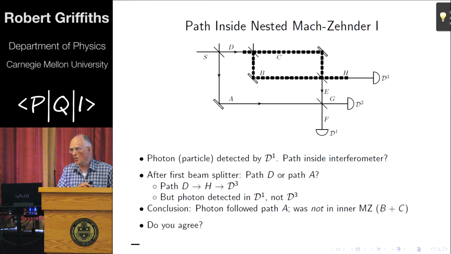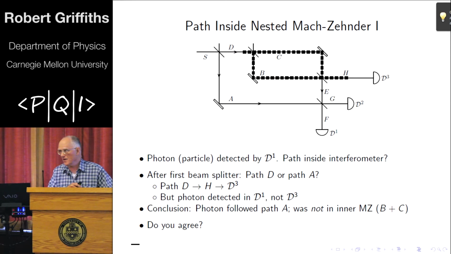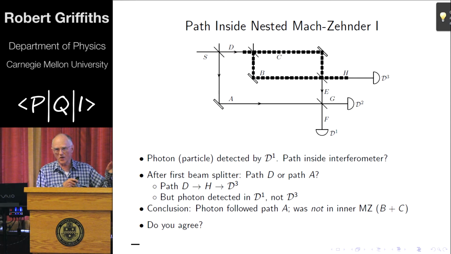Can you tell me where it was inside, given these two pieces of data, where it entered and then where it was detected? And I will allow you for that purpose to assume that because it was detected here, it was earlier in the F channel, although, as I say, that's a liberty which not everyone will grant you.